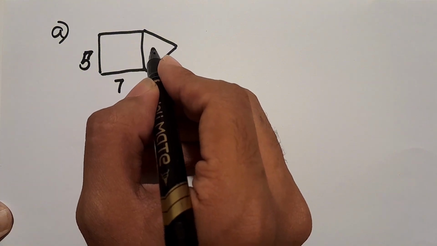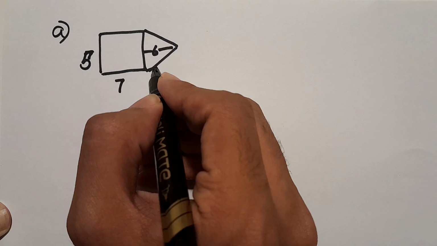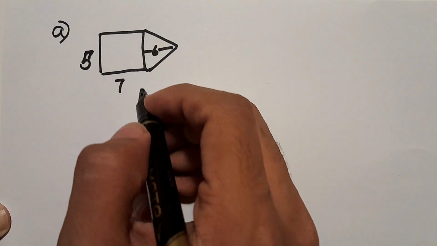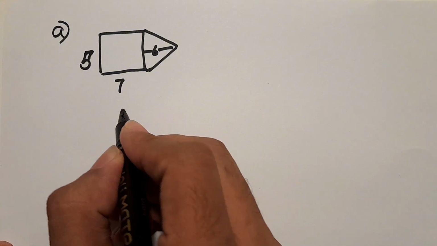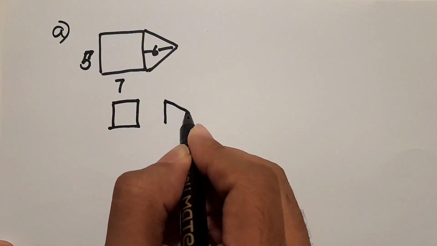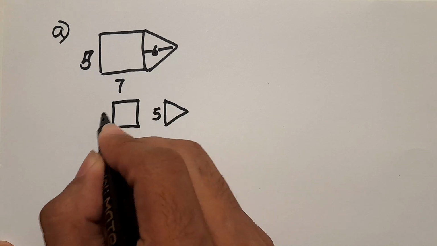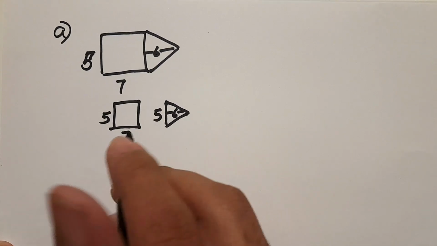The length is 6 centimeter here, and we already have the base. So first we will separate this object. We'll make a square and we will make a triangle. So here 5, here 5, here 7, and here 6.